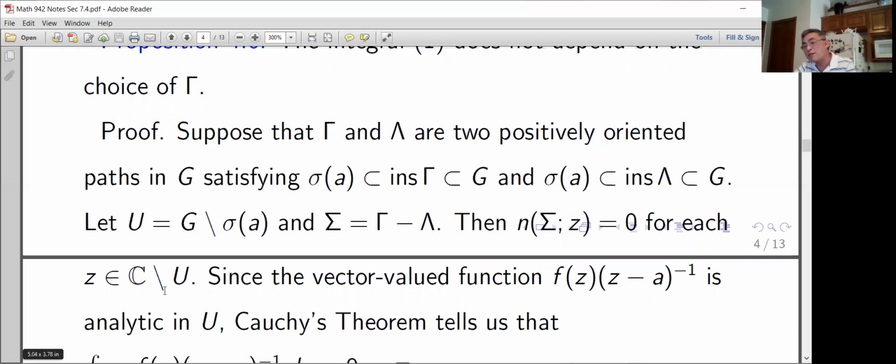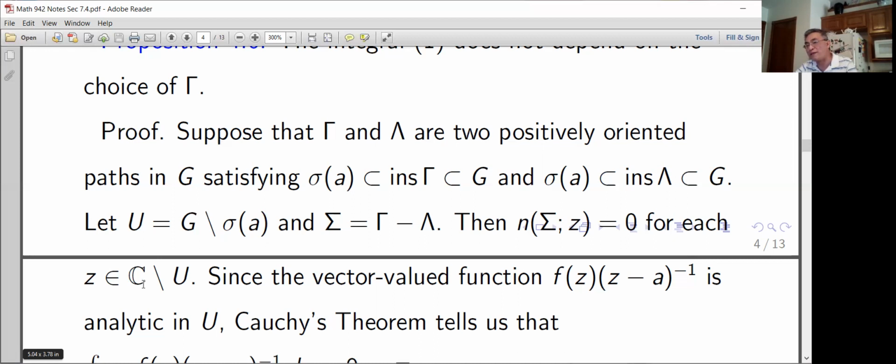If z is in C minus U, then there are two possibilities.